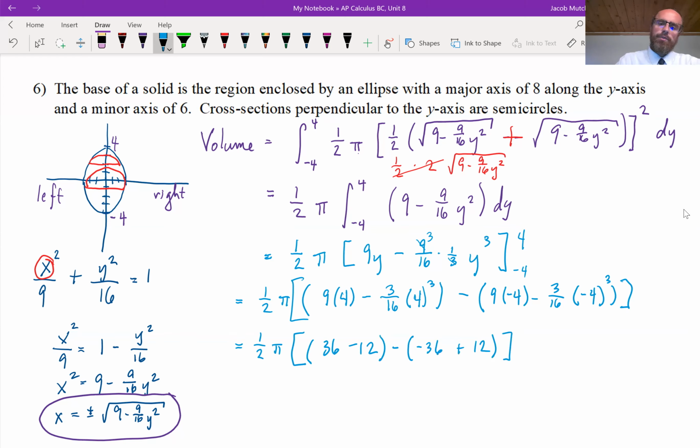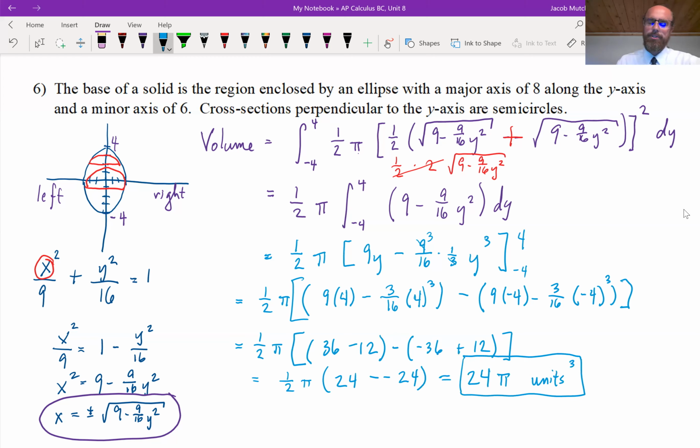And then 36 minus 12 is going to give me 24 minus negative 24, which is going to be double 24, and I'm multiplying by half pi. So that's going to essentially be half times 48, which is back to 24 pi. Units cubed. We're finding volume. And that completes the integration and finds for us the volume of this solid with the base that's an ellipse.